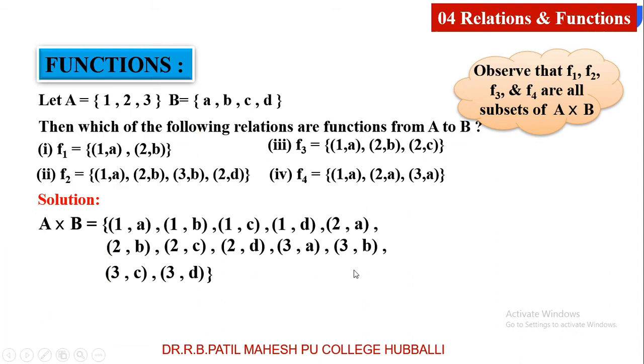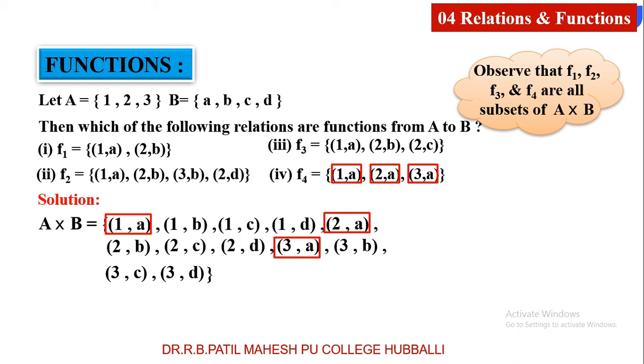You can see F1, (1,a), (2,b) are there in A cross B. For F3, you see (1,a), (2,b), (2,c) are there in A cross B. F2, (1,a), (2,b), (3,b), (2,d) are the ordered pairs in F2 and those are in A cross B. F4, (1,a), (2,a), (3,a) are the ordered pairs in F4 and those are in A cross B. Then definitely we can call F1, F2, F3, F4 subsets of A cross B. No doubt.